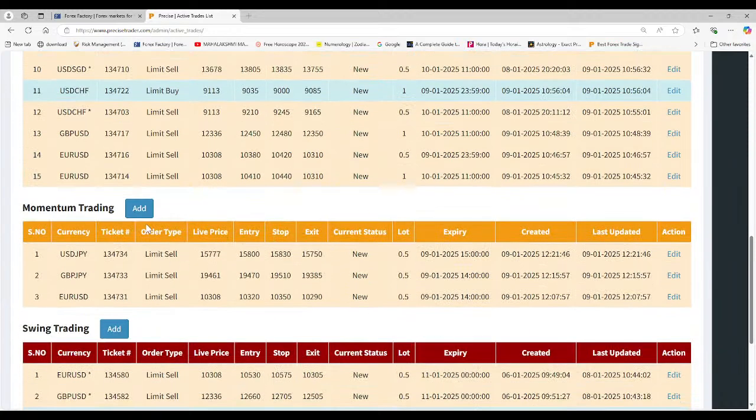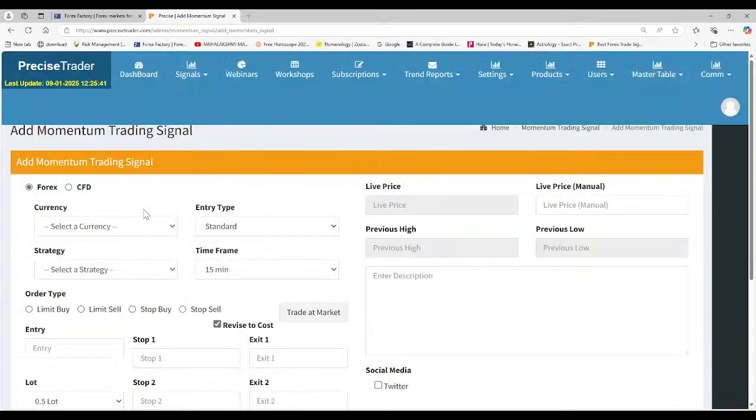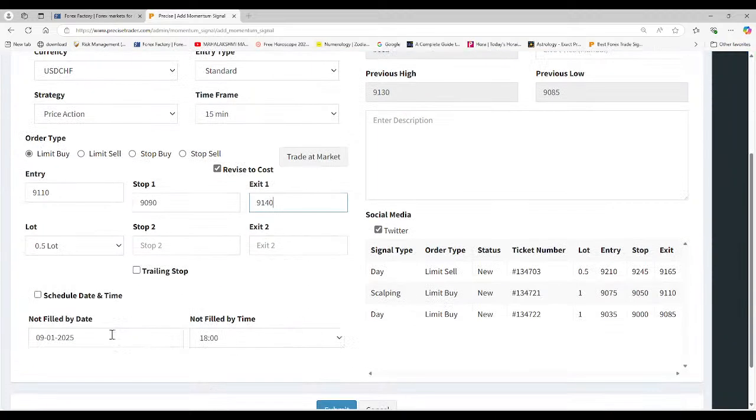So what we can do now, we can go for a buy on this cross. Let me verify it with the system. We can go for a buy at 91.10, stop at 90.90 and 91.40, and this is just a half lot, and only about 2 o'clock expiry.